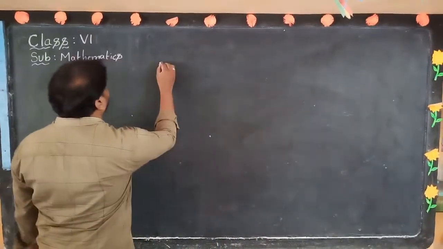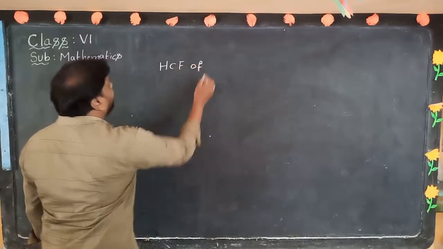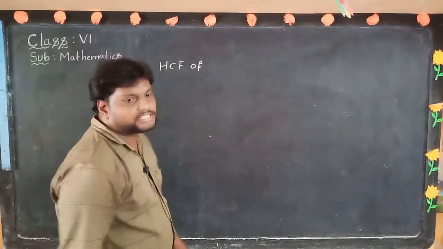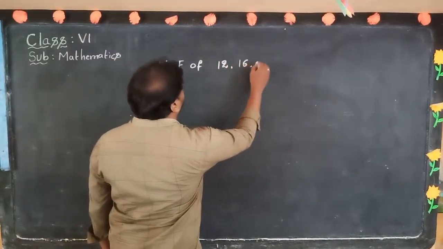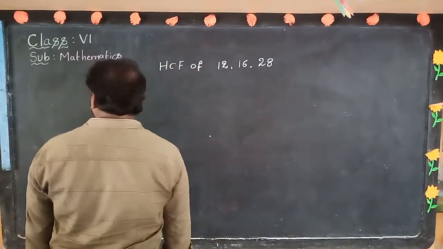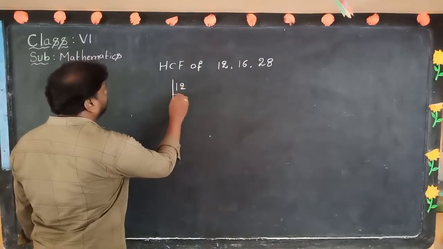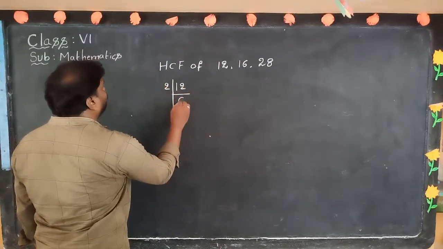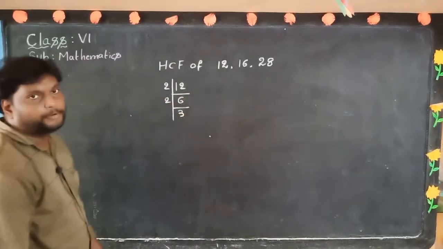See, HCF of 12, 16, 28. First of all, find out for 12. 2 6s are 12, 2 3s are 6. This is 12.